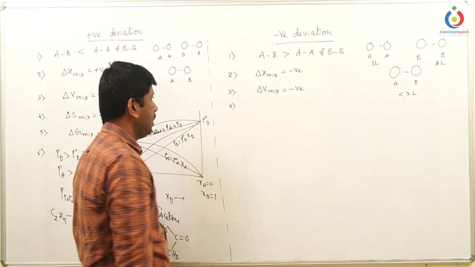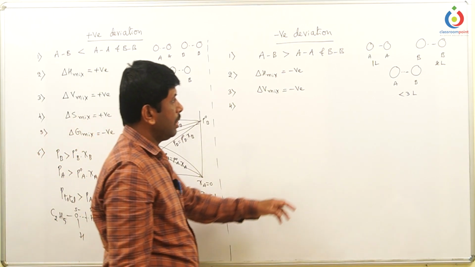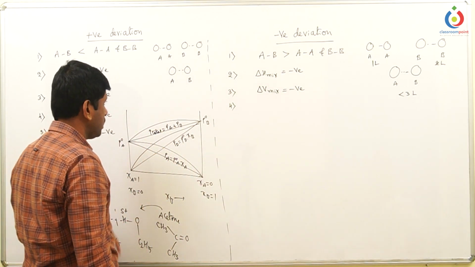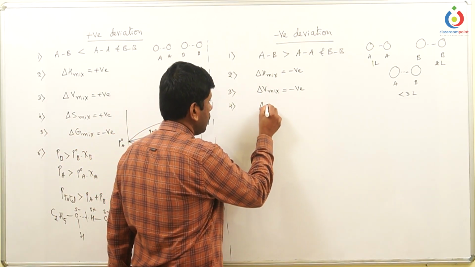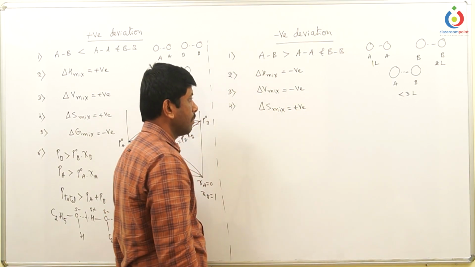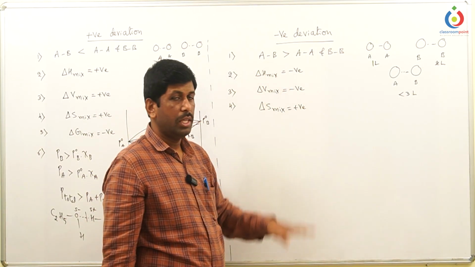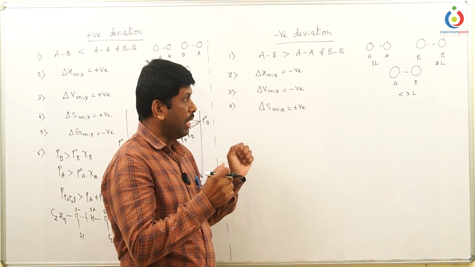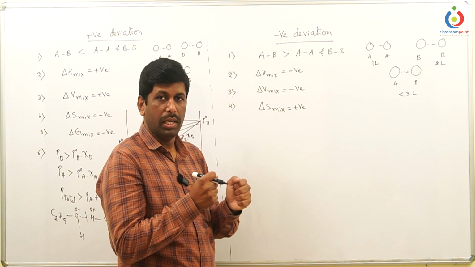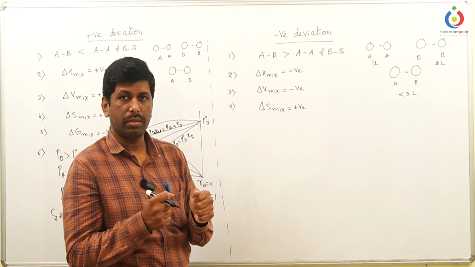And the fourth parameter is delta S mixing. Even though the intermolecular attractions are stronger, delta S mixing is the only parameter that is positive here. The reason is that it is a spontaneous process. Though the intermolecular attractions are stronger, that doesn't mean the randomness decreases.